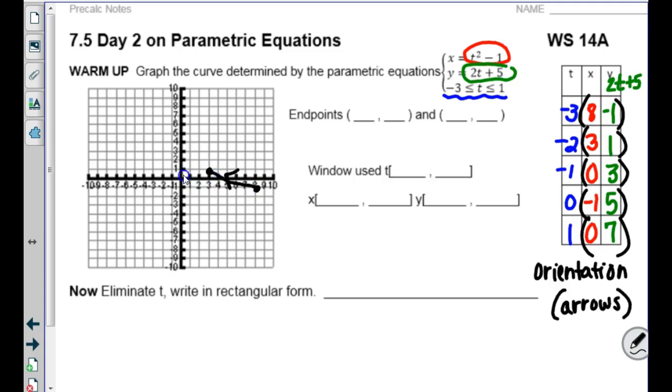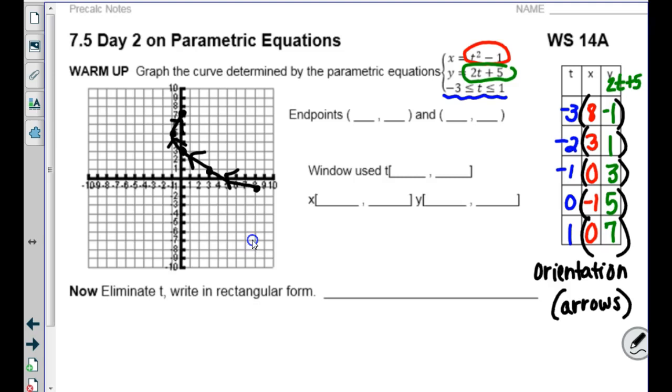Then it says 0, 3, -1, 5, and 0, 7. So we continued to go this direction. Any questions about the orientation? Everybody getting the same shape?